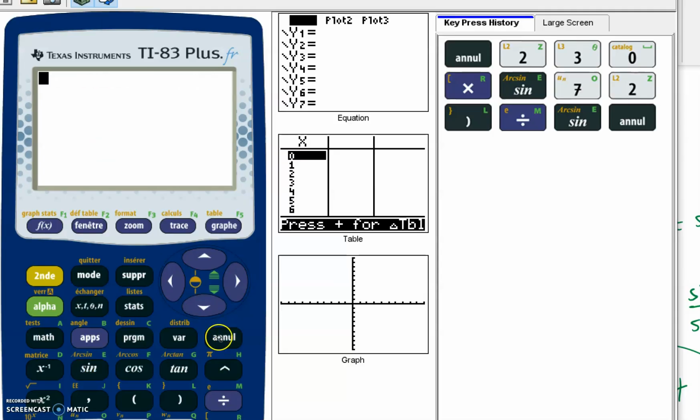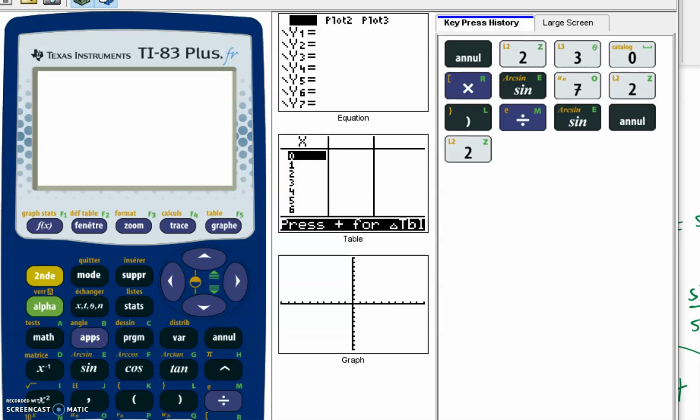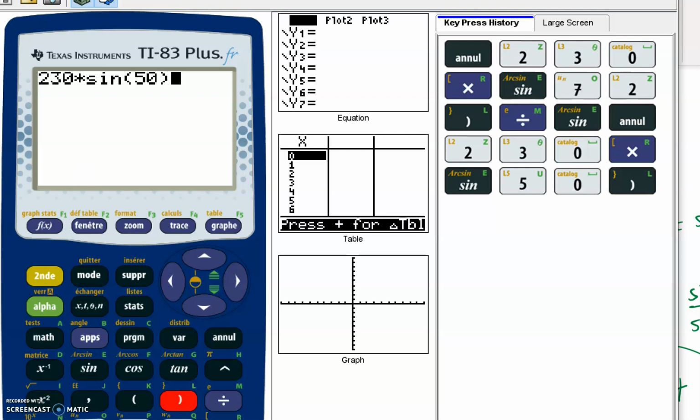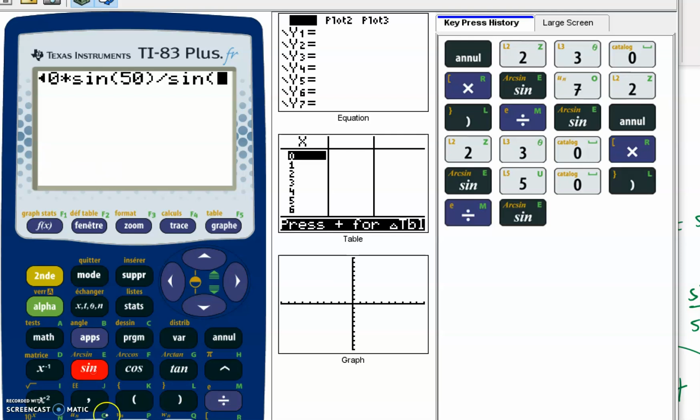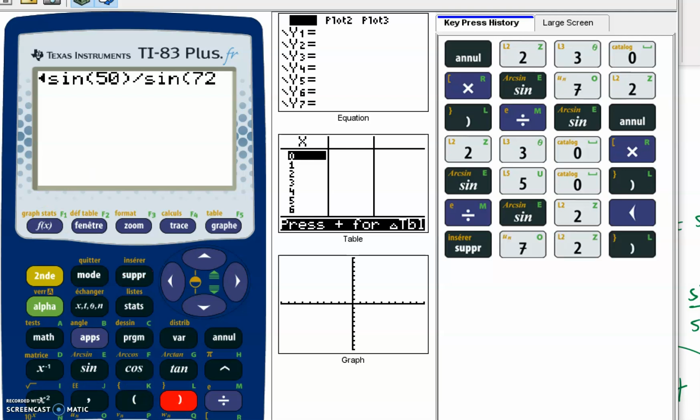I'm going to have to do that over. It was 230 times sine of 50 over sine of 72. 230 times sine of 50 divided by sine of 72. I'll hit enter. And then I had rounded to the nearest whole number.